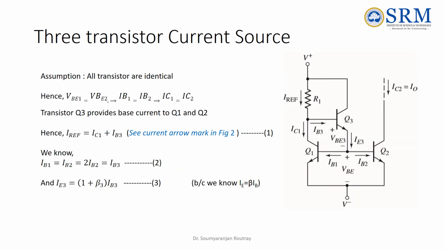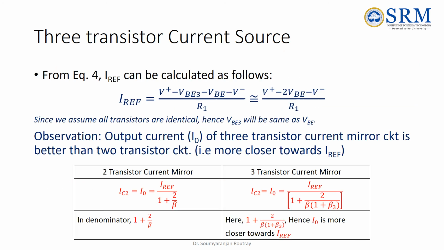You can see here I reference, V plus is there, then V minus is there, and in between come VBE3 and VBE. Now come to the slide. We can see here I reference is V plus minus VBE3 minus VBE minus V minus divided by R1.